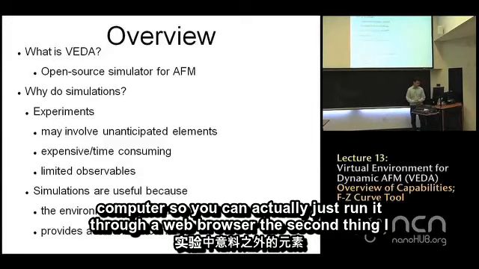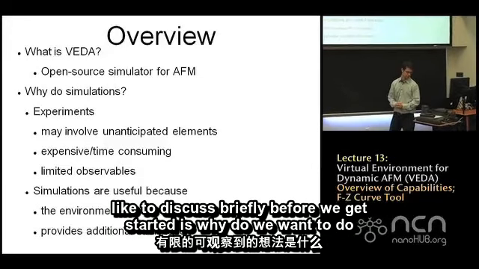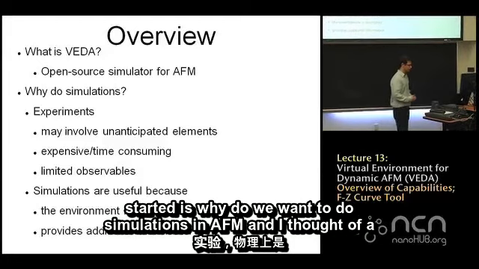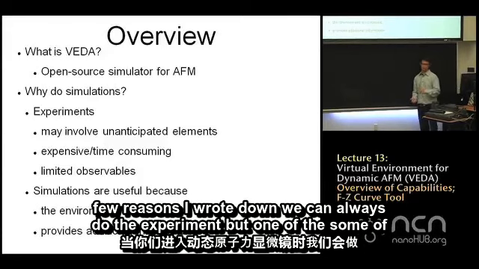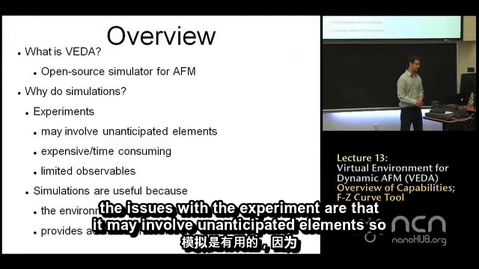The second thing I'd like to discuss briefly before we get started is why do we want to do simulations in AFM? I thought of a few reasons. We can always do the experiment, but some of the issues with the experiment are that it may involve unanticipated elements.